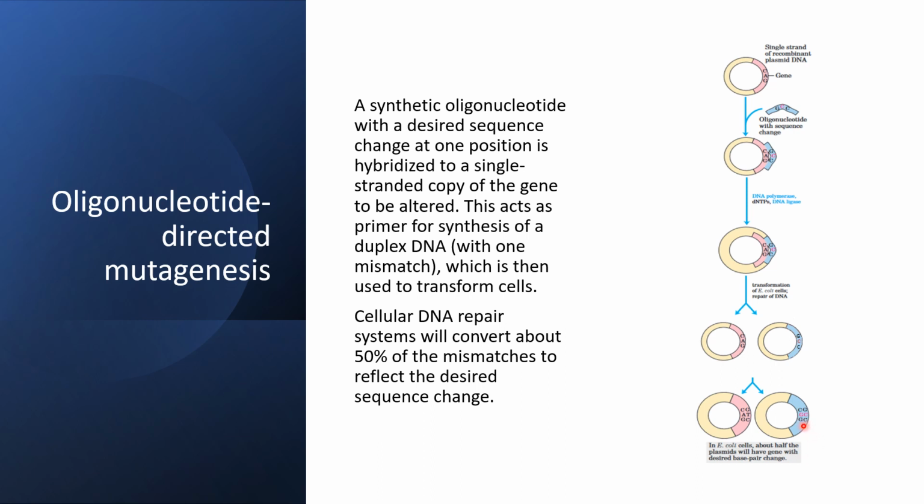Here you can see now there is a G beside C that we wanted from the beginning. This is called oligonucleotide-directed mutagenesis. So there is a point mutation caused here, as we have changed the sequence at only one position.